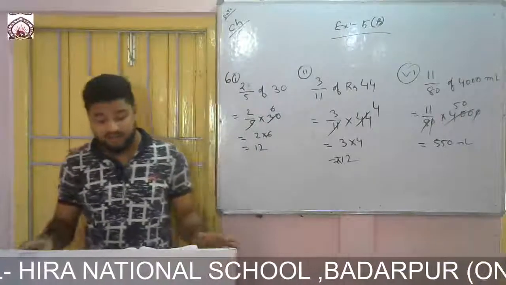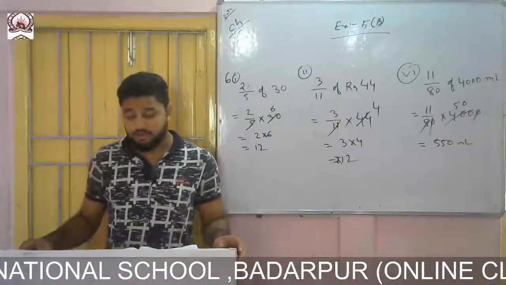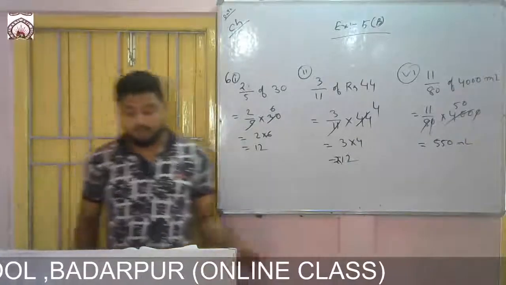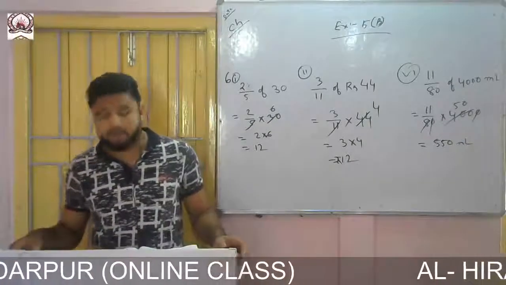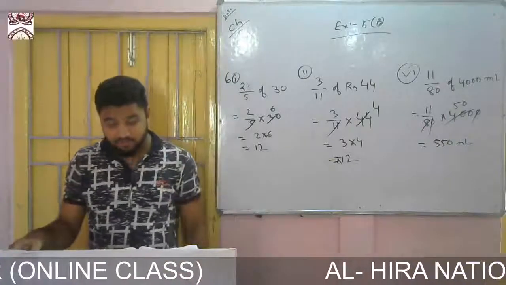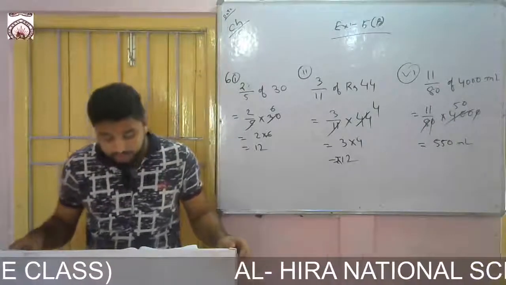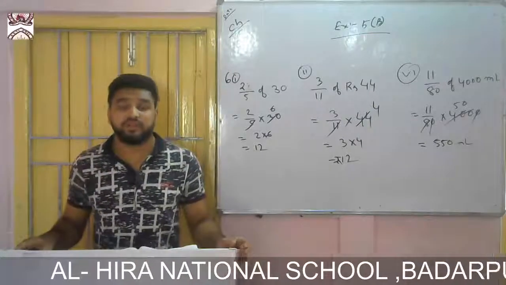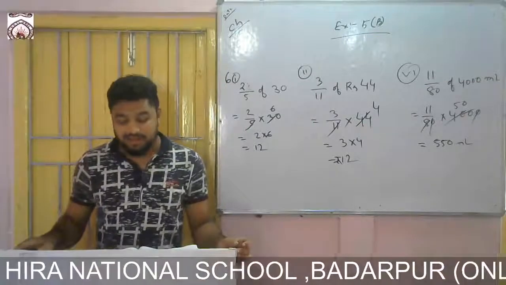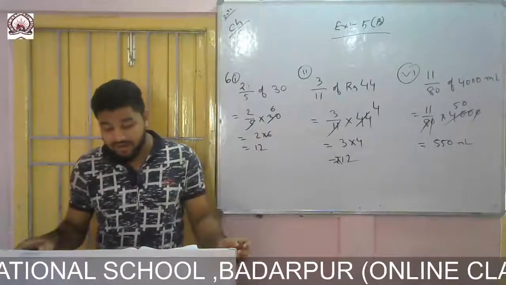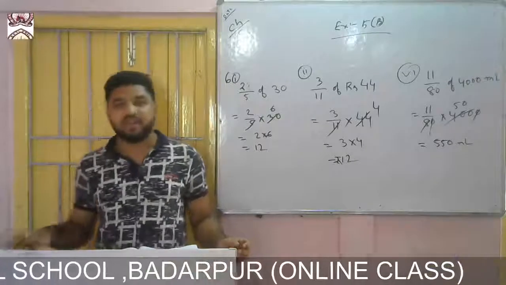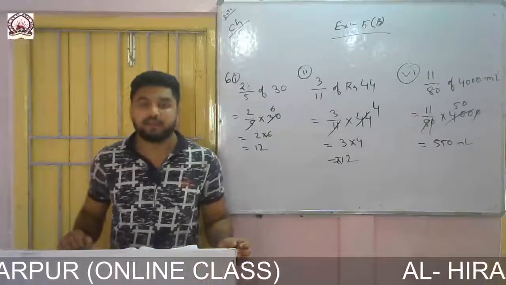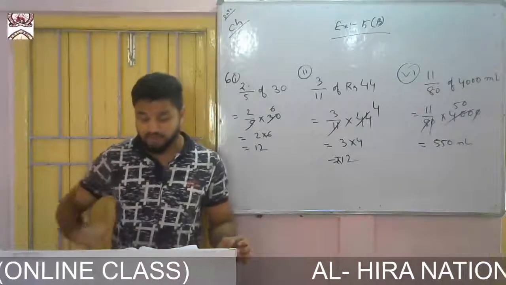Now the question is asked: does she have enough brown sugar for the cake? To check whether she has sufficient brown sugar to make the cake, we shall check which fraction is the bigger fraction. If 3 by 5 is bigger than 5 by 7, that means she has enough. And if 3 by 5 is less than 5 by 7, that means she doesn't have enough brown sugar.